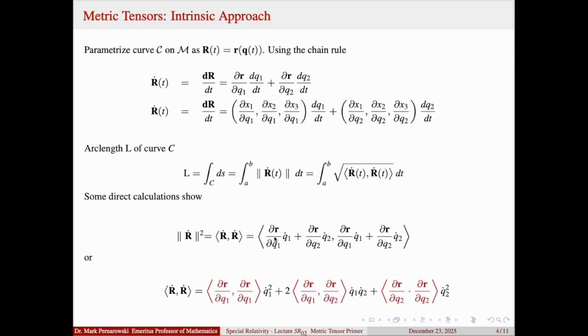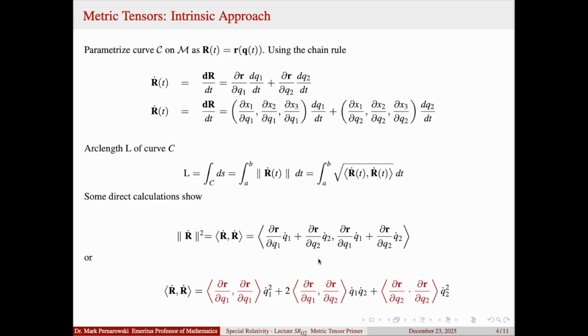And to do this, I'm going to have a whole variety of different terms. I'm going to have inner products of this first term with this first term, this first term with the second term, the second term with the first term, and so forth. If I expand this whole thing and group things together, I'll have things that multiply q1 dot squared.